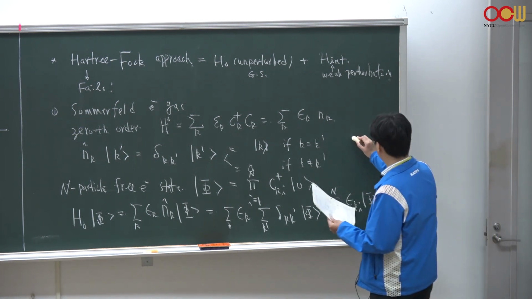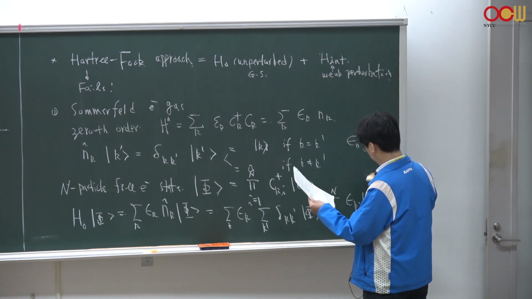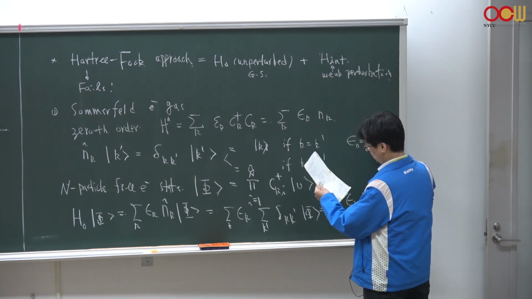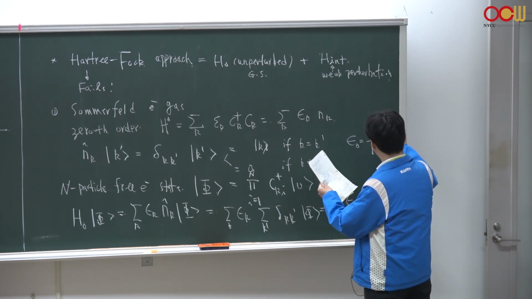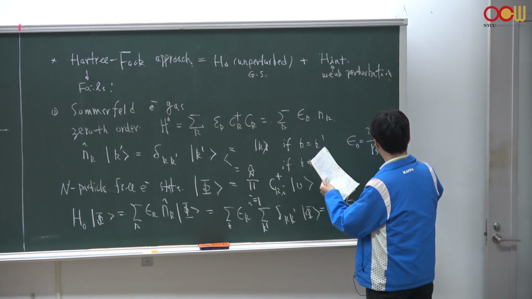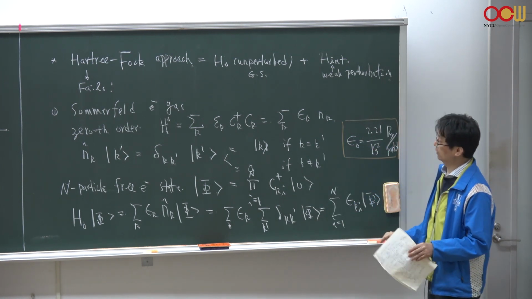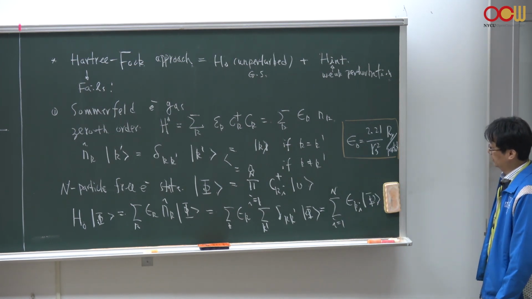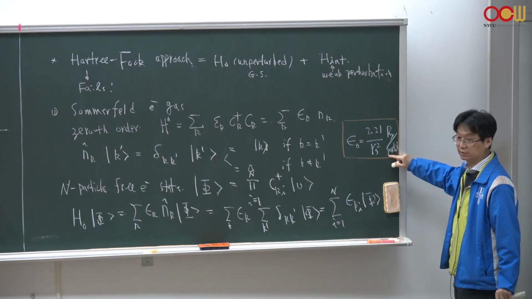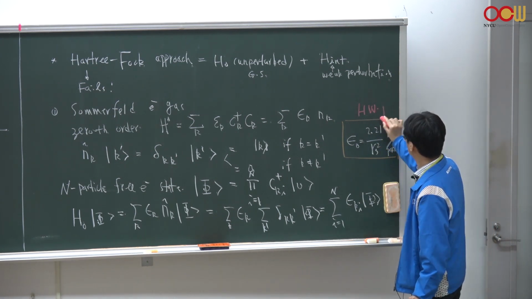And we call this the Hartree energy, epsilon 0, which is 2.21 over r_s squared Rydberg per particle. Okay, so for the free electron Sommerfeld gas, if you sum over all the free electron kinetic energies, you'll get this value. So this is your homework.